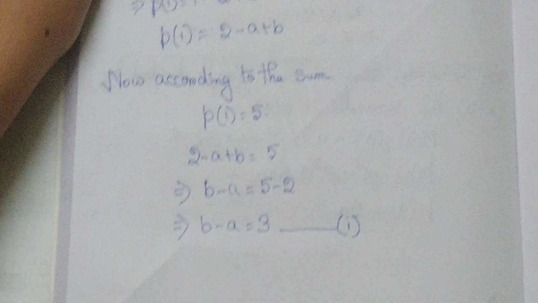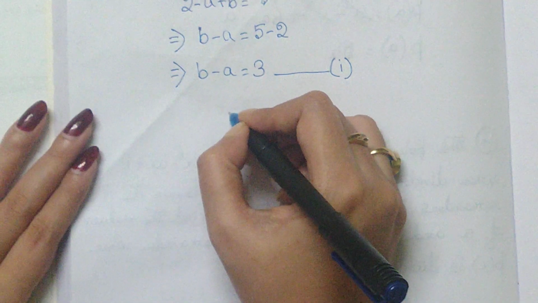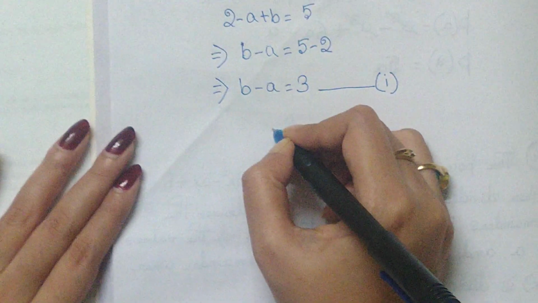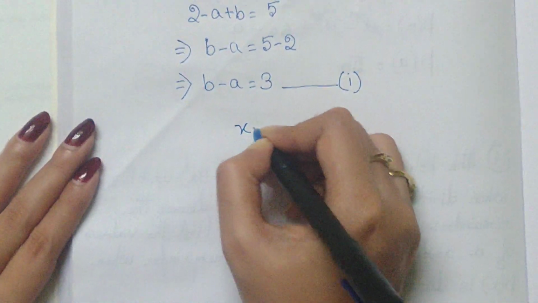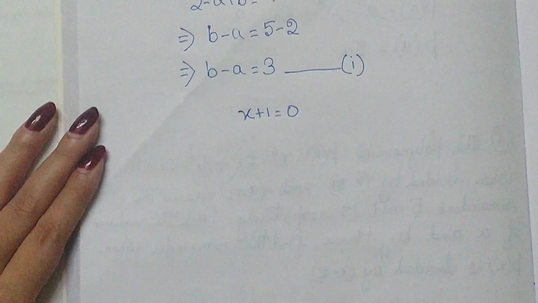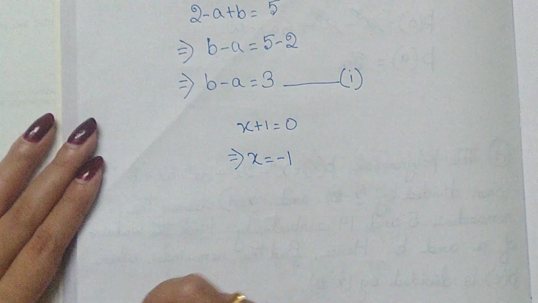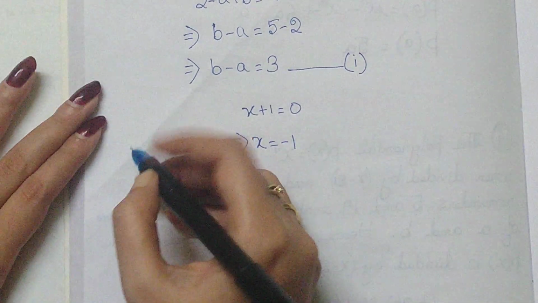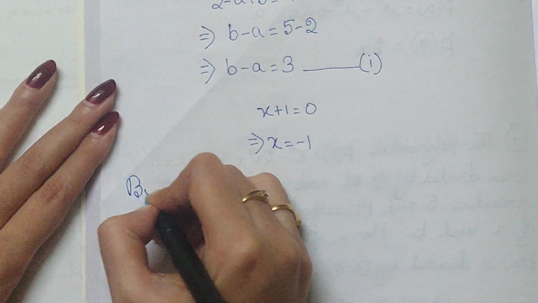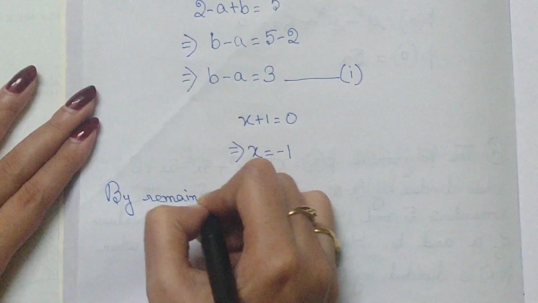Okay. Similarly, I will now find x plus 1 equals 0, which implies x equals minus 1. So again I have to write down the statement by remainder theorem.